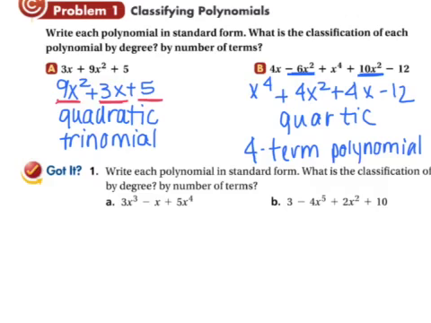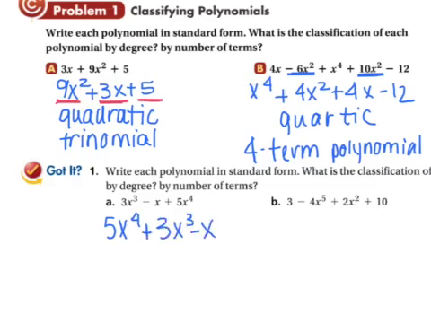Who's doing the got it question? Got it A. Come on, guys. Somebody volunteer. Give me standard form for got it, 1A. Maddie. 5x to the 4th, and then plus 3x, minus this.